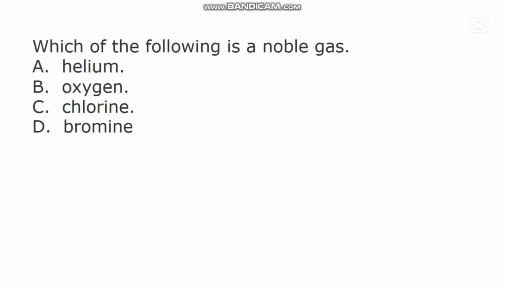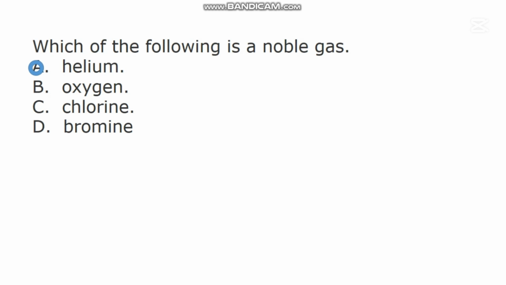The next question says, which of the following is a noble gas? A. Helium. B. Oxygen. C. Chlorine. D. Bromine. In this question, the correct answer is A. Helium. Studies have shown that there are gases called noble gases. These noble gases are found in group 8 or 0 in the periodic table.